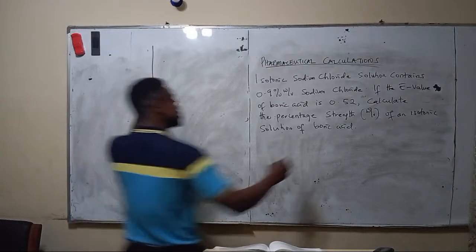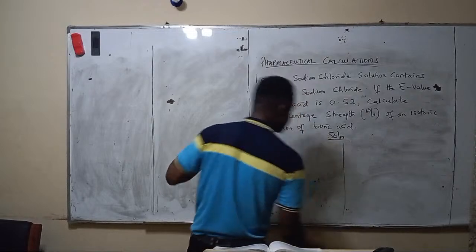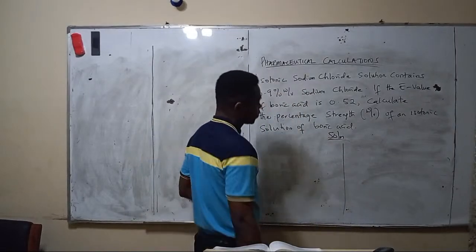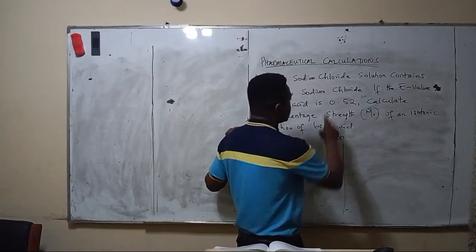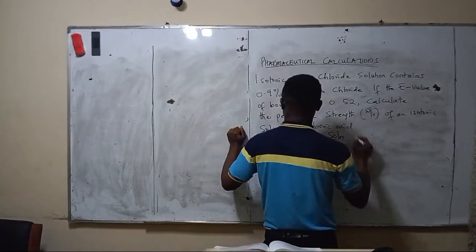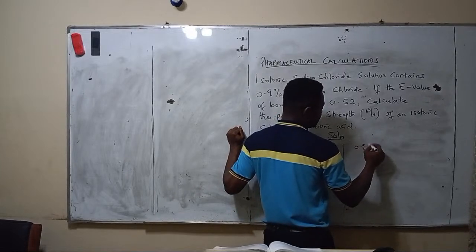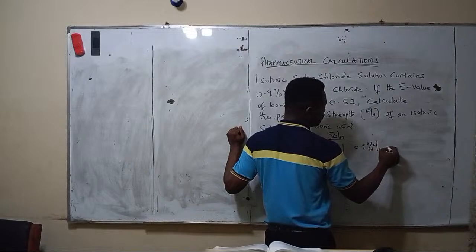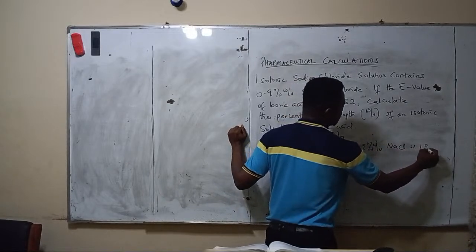So here, solution. Let's start from here. We know that this one is isotonic. 0.9% weight in volume sodium chloride is what? Isotonic.